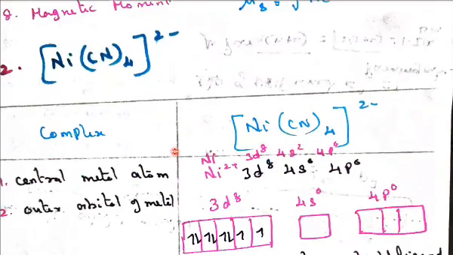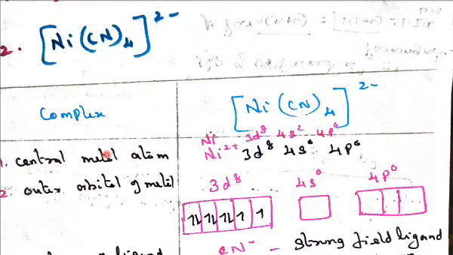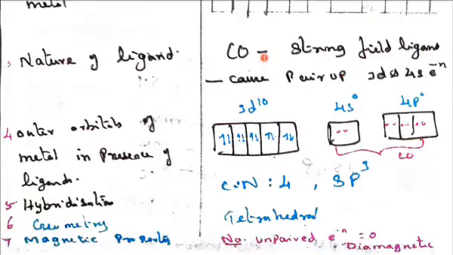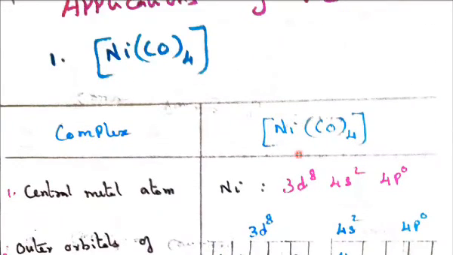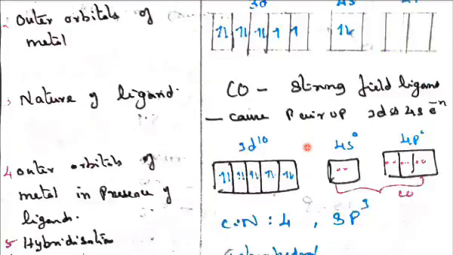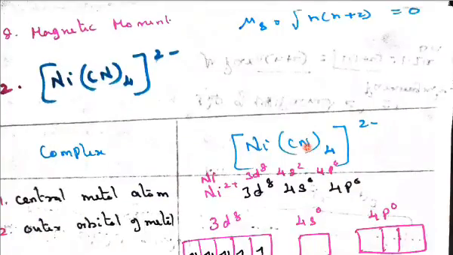So now let us discuss this complex, central metal atom nickel, 28. In this one it carries a +2 valency, but in the case of tetracarbonyl nickel the valency is 0. So we keep the atomic number as it is, but here nickel has +2 valency, so we should remove 2 electrons, then it becomes 3d8 4s0.